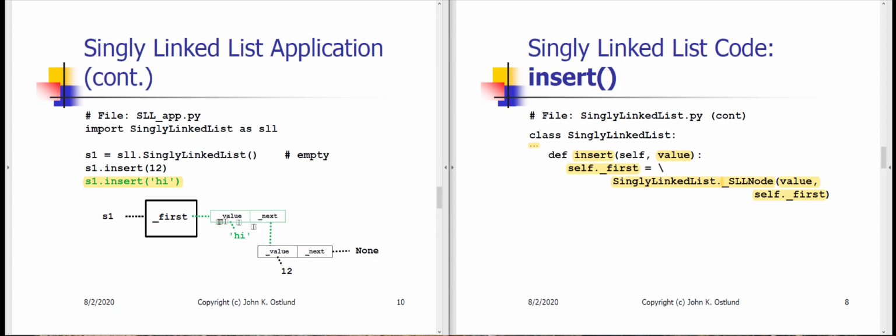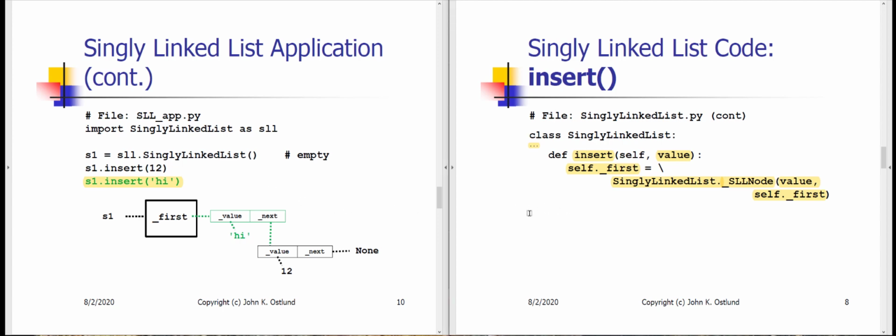But ahead of it, we have inserted another new node. This node has underscore value referring to "hi" and underscore next referring to what had been the first node. Because when we're inserting, we're always putting our new node ahead of what had been the first node of the remainder of the singly linked list. And we can keep inserting more values at the front of the list by repeatedly calling s1.insert.